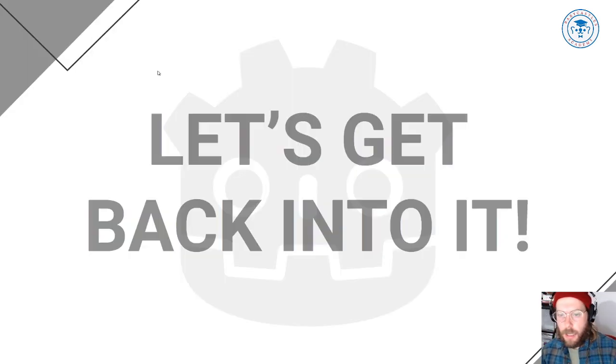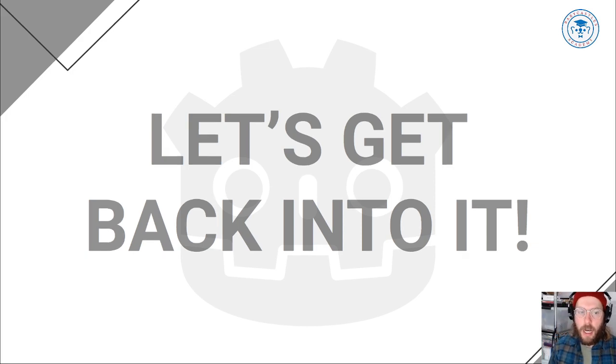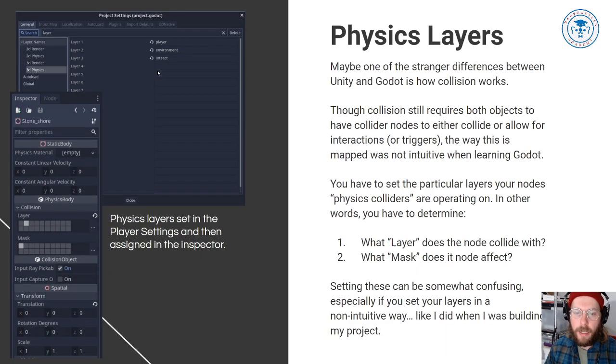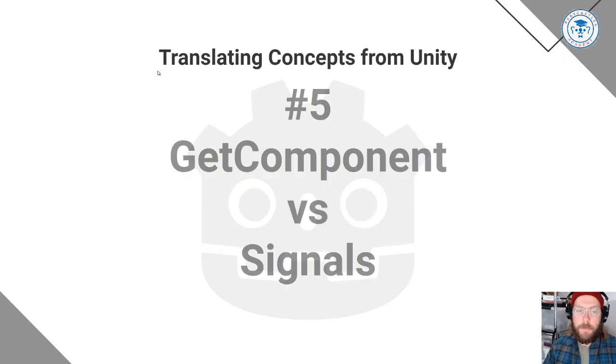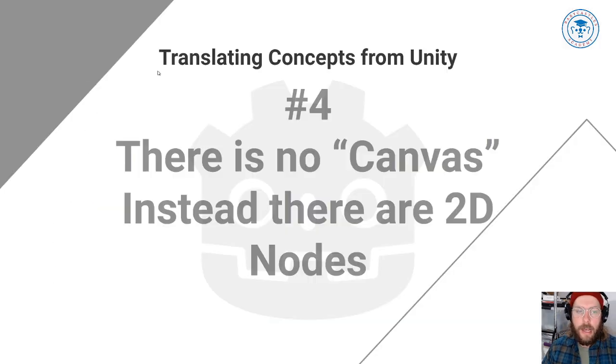Cool. Okay, so those 6 points to me are, again, the main central points. And I'm going to scroll back through these really quickly. Collision behaves much differently. Signals are kind of equivalent to a get component, or how you will send information, or send flags, if you will, to different nodes. 2D nodes, you would use to arrange your HUD and UI.